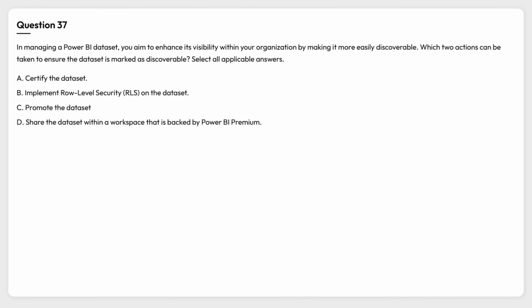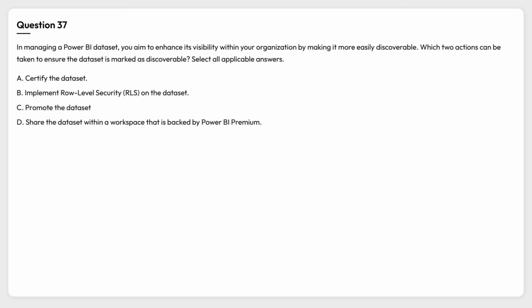Question number 37. In managing a Power BI dataset, you aim to enhance its visibility within your organization by making it more easily discoverable. Which two actions can be taken to ensure the dataset is marked as discoverable?